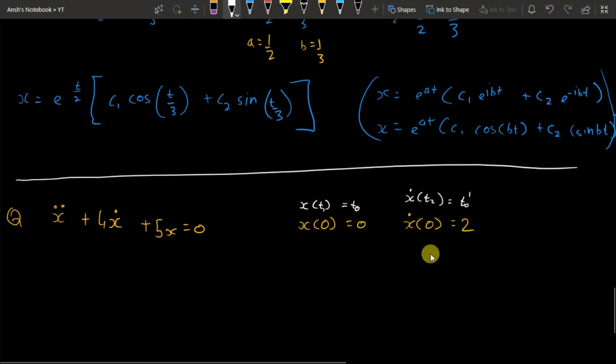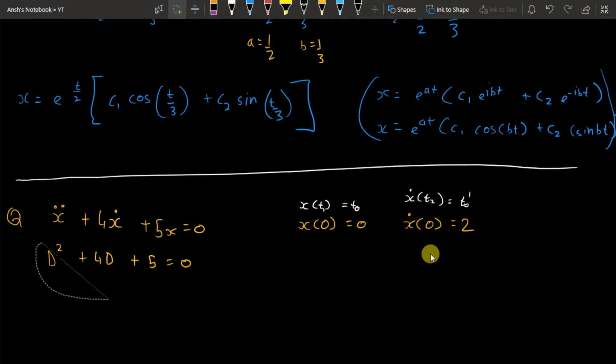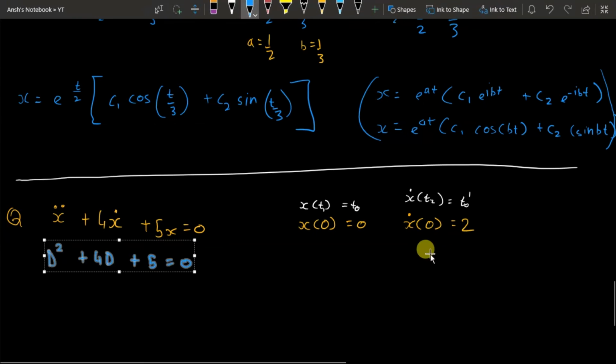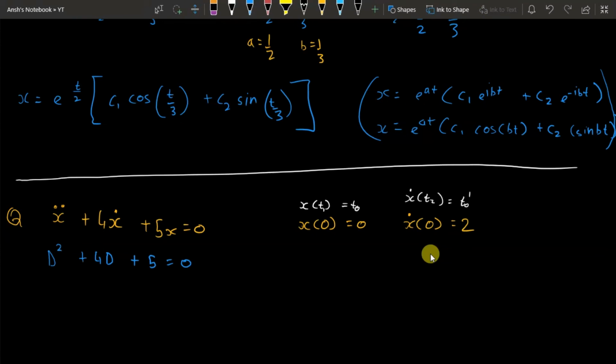So first, let us start by solving the differential equation. What we do is we substitute x double dot by D squared, x dot by D, and then the x term gets nothing. So this is the quadratic equation that we'll have. We want to solve this, but we won't be able to break the middle term down, and you can check this for yourself.